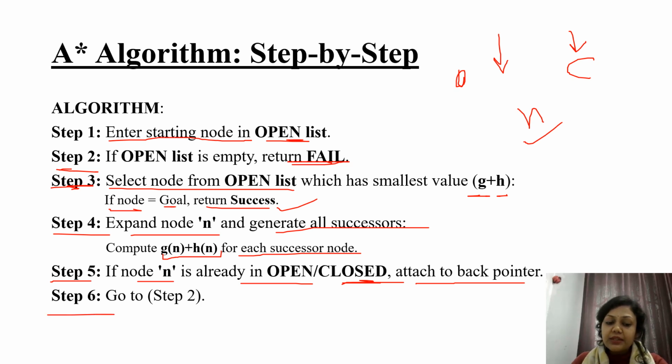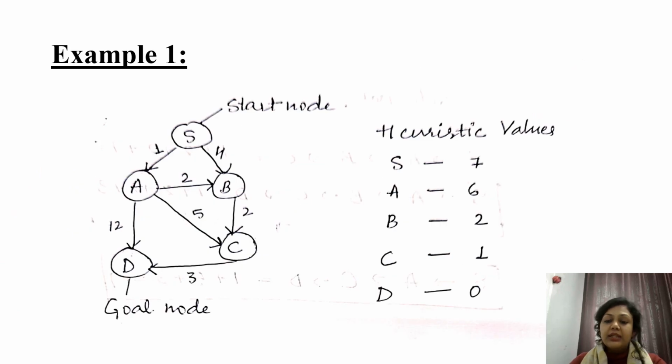The last step is we have to go to step 2. This process will repeat until we have evaluated all the paths and calculated the minimum path from the starting node to the goal node with the optimal distance. Now let's see an example.